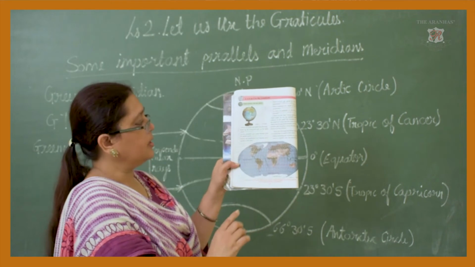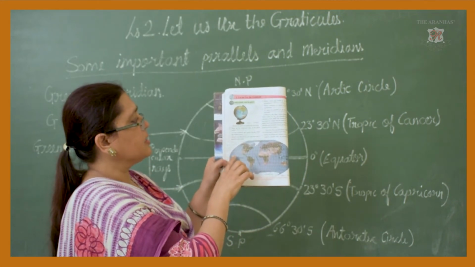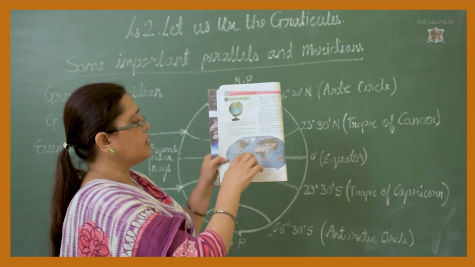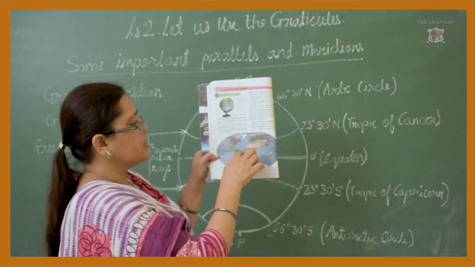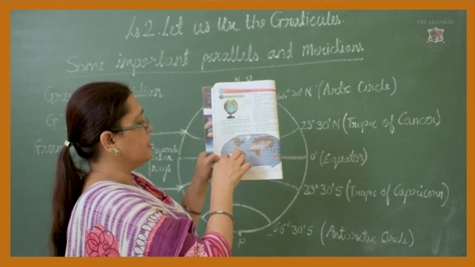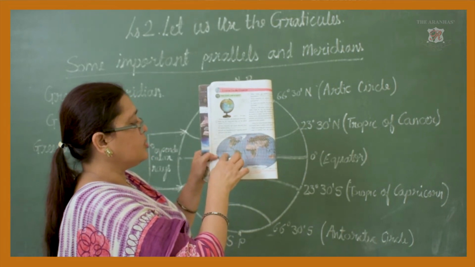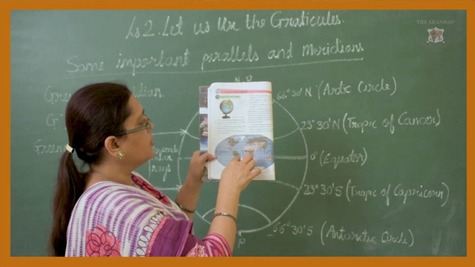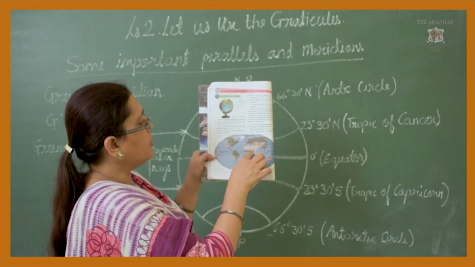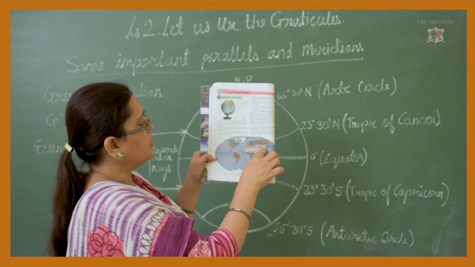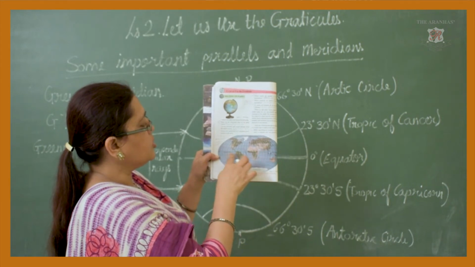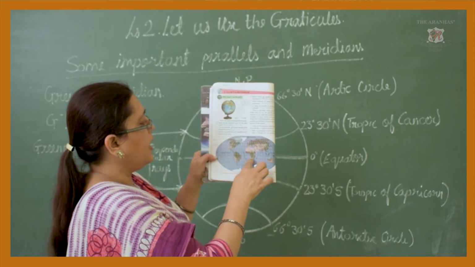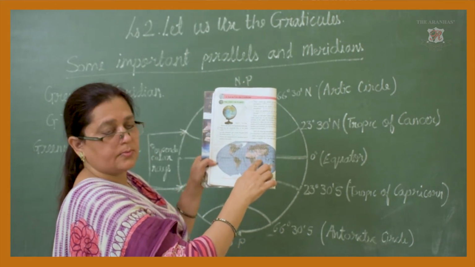Understood everybody? Which continents and oceans pass through this equator? See over here where there is the 0 degrees mark. That is Pacific Ocean, South America, Africa, Asia, Pacific Ocean, Atlantic Ocean and Indian Ocean.